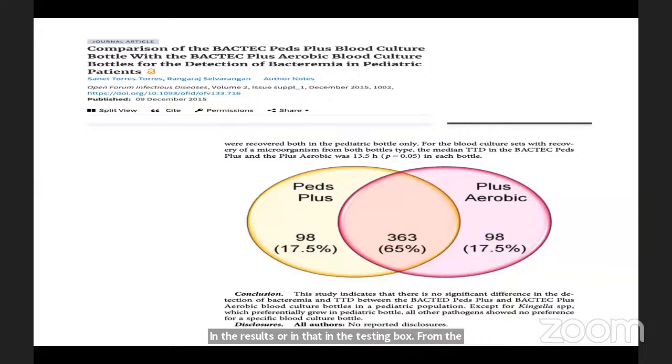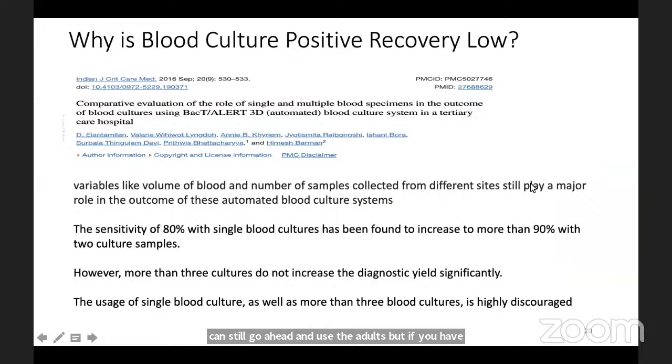So what they did was they tested pedics with pedics bottle and adult bottle, and there was no difference in the results. So if you don't have the pedics, you can still go ahead and use the adults. But if you have the luxury of getting them, you can go ahead and get them.